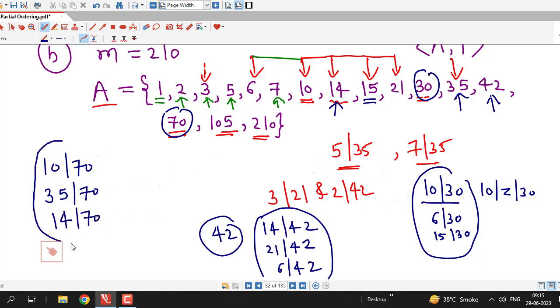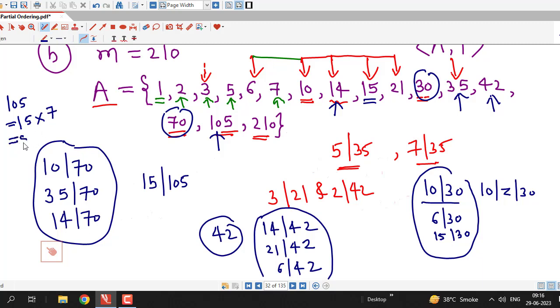So there are 3 elements and 70 is a cover of these 3 elements. And now we check for 105. So 105 is a cover of 15 and if we consider 105, that is 15 into 7.